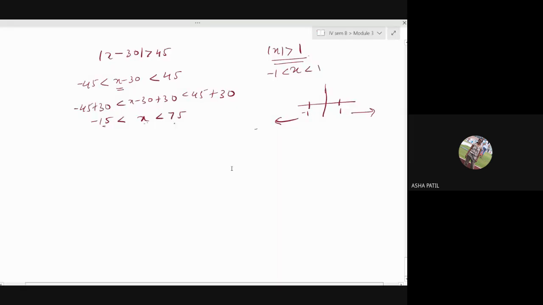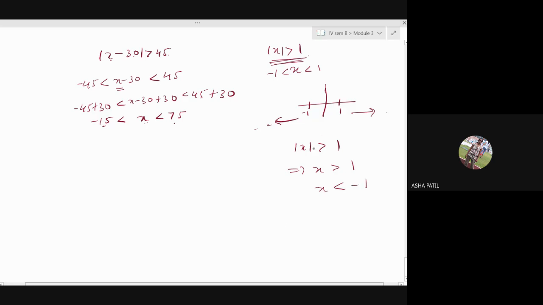So it should be from 1 to infinity and again minus infinity to minus 1 if x is greater than 1. So here, x minus 30 is greater than 45 means what will you write it as? Mod x is greater than 1 implies x should be greater than 1 and x should be less than minus 1.